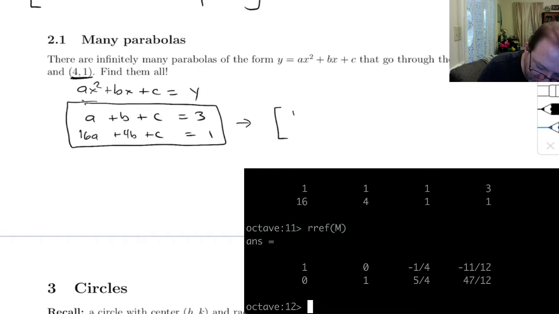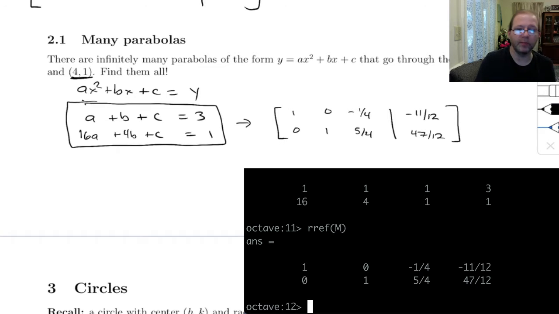I'm going to copy this because I want to make some notes on it. 1, 0, minus a fourth, minus 11 over 12. Then below it, we've got 0, 1, 5 fourths, 47 over 12. Not the nicest numbers in the world, but nothing wrong with them.